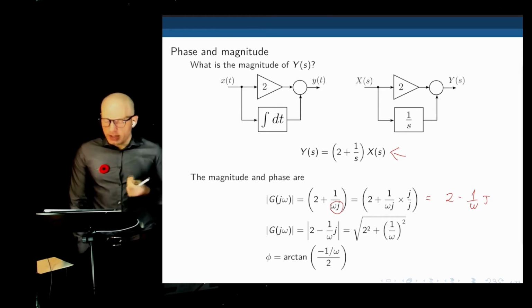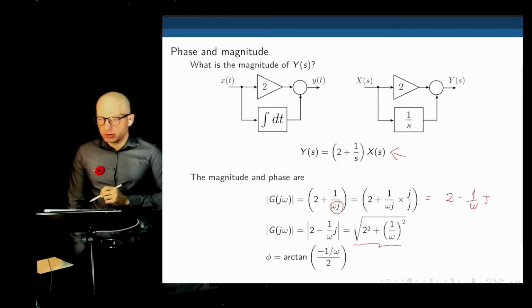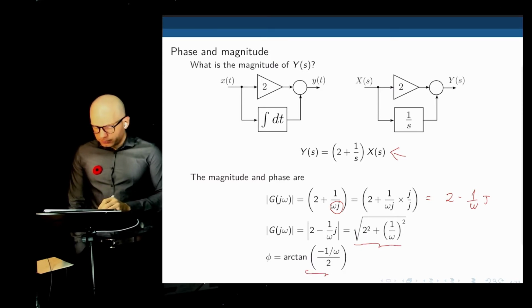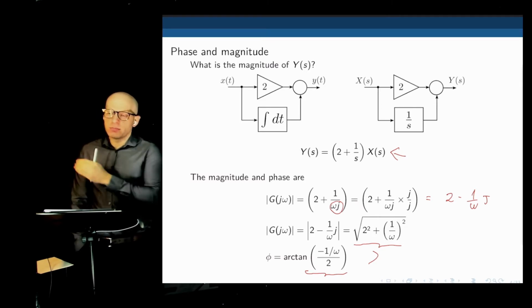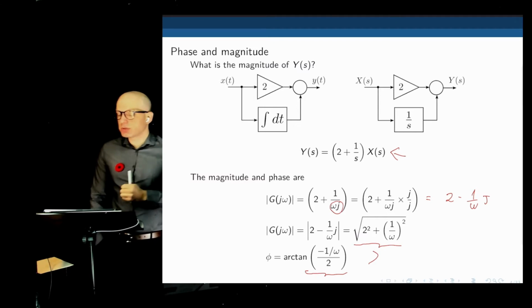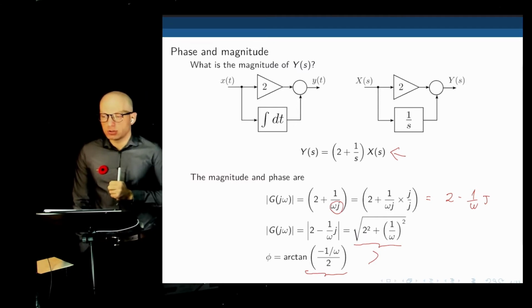To evaluate the magnitude, we take the square root of the real part squared plus the imaginary part squared, and the phase of the transfer function is the inverse tangent of the imaginary part divided by the real part. Now notice that both the phase and the magnitude are functions of the frequency. As you change the input frequency, the phase and the magnitude will change. So the ratio between the input and the output is frequency dependent, and the phase shift between the output and the input is also frequency dependent.